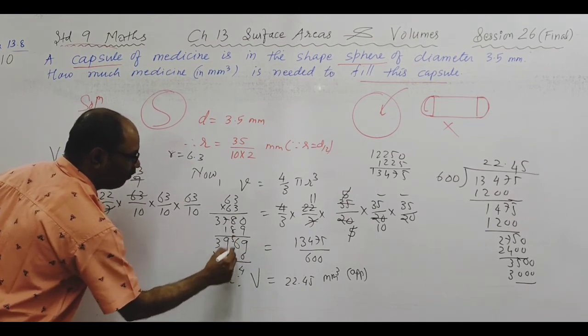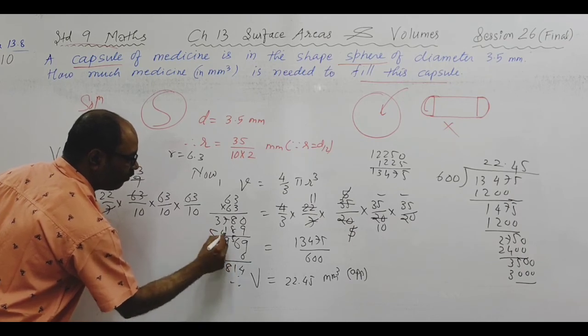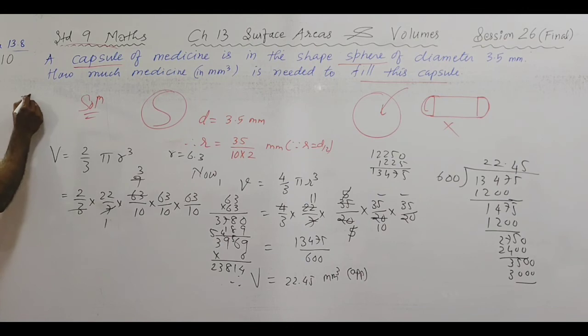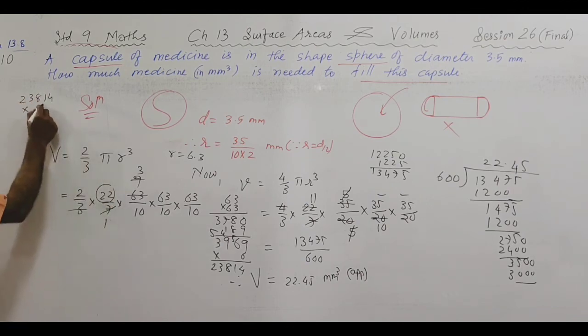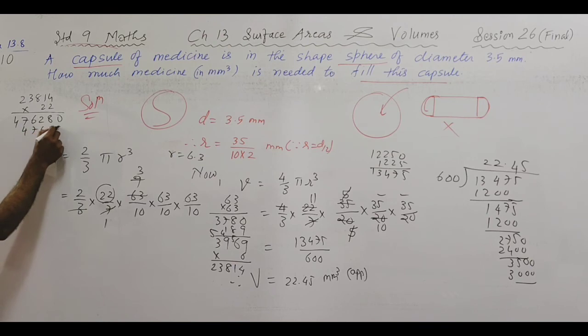6 9s are 54, 36 41, then 54 58, 5 18 and 5 23. Still we have to multiply 23184. Multiply by what? 22. So 0 8, 2 16, 7 or 4. 4 7 6 2 8.